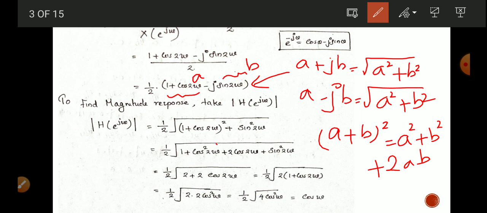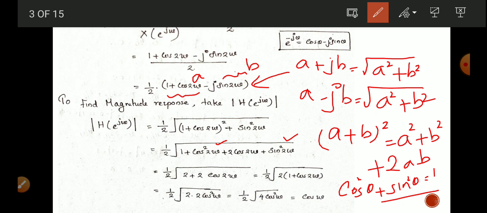In this, cos square 2 omega plus sin square 2 omega equal to 1. Here we are applying cos square theta plus sin square theta equal to 1. This is the trigonometric equation. Cos square theta plus sin square theta equal to 1 is a basic general trigonometric identity.